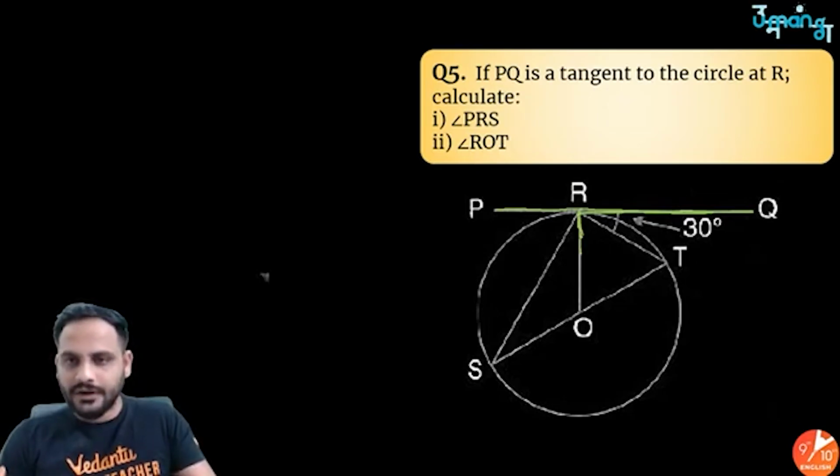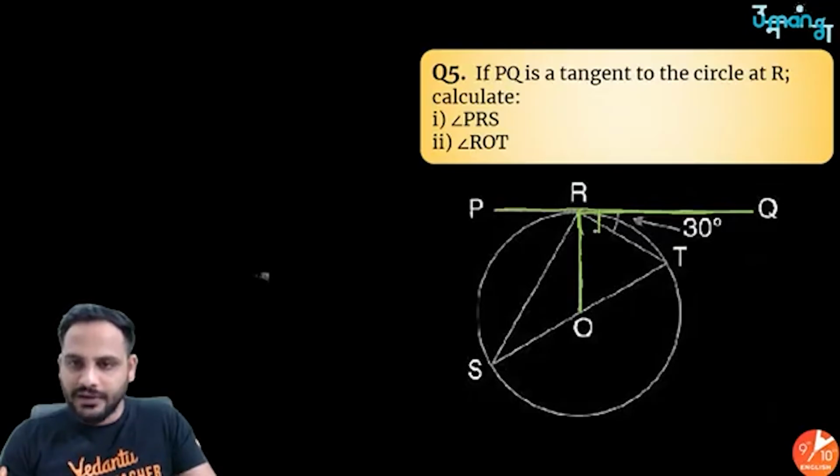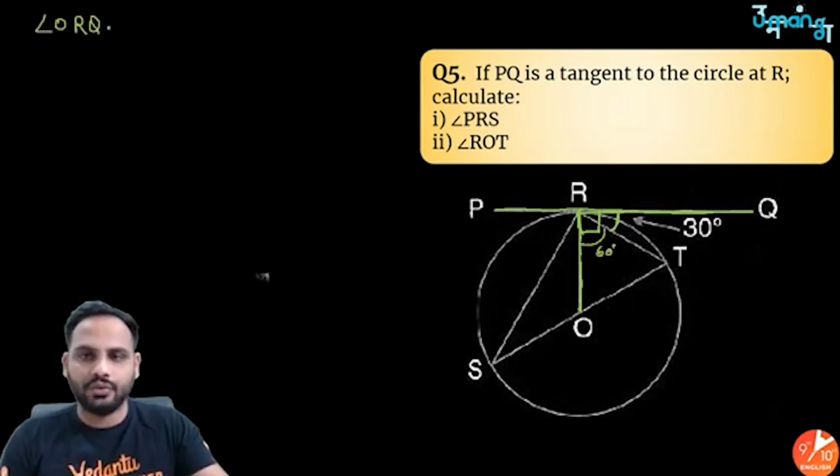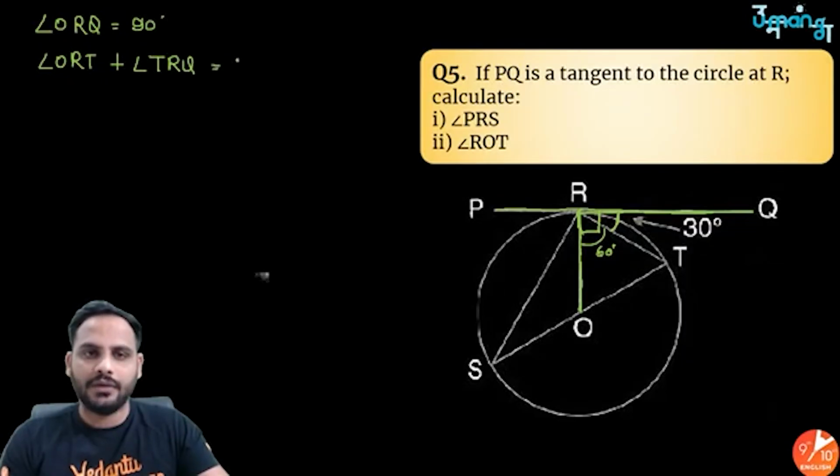This is the radius at the point of contact. So I know this angle must be 90 degrees. If this much angle is 30, the remaining part must be 60 degrees. So I can say angle ORQ is equal to 90 degrees, and angle ORQ is equal to angle ORT plus angle TRQ, which is 90 degrees.